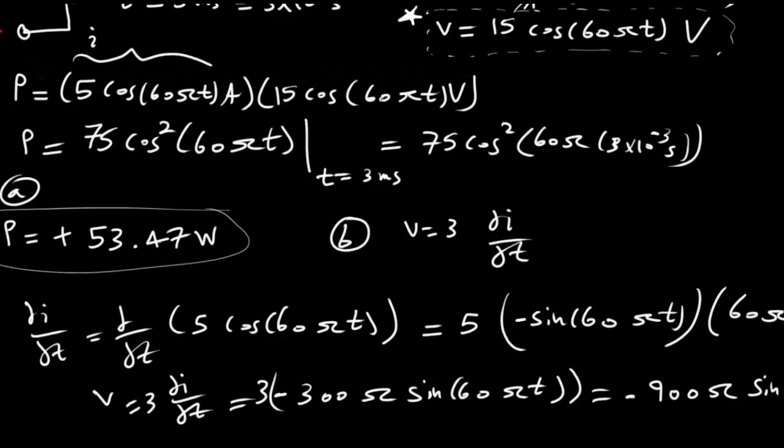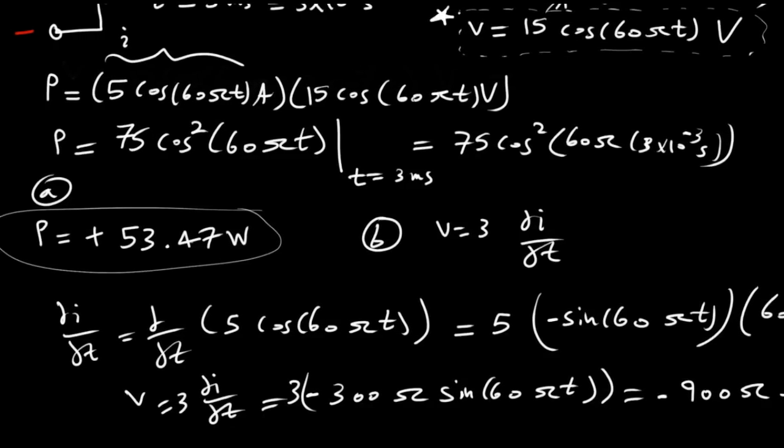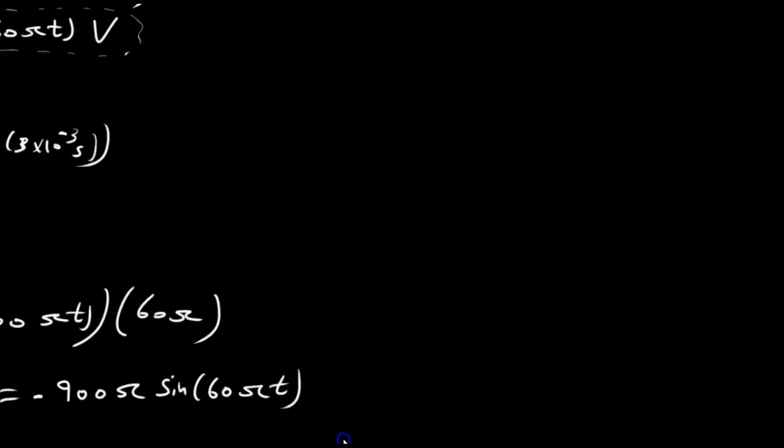So let's see here, di dt. We've got to make sure we multiply by the right thing. We can't multiply by di dt, so I'm going to look at the current. I'm going to rewrite everything here.